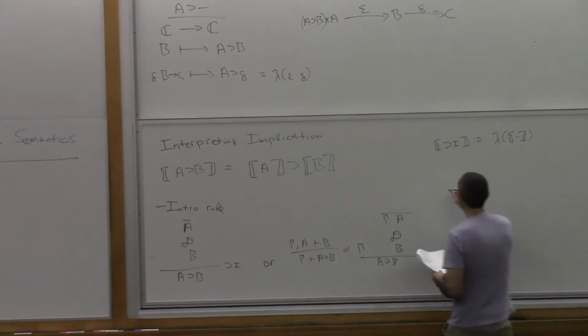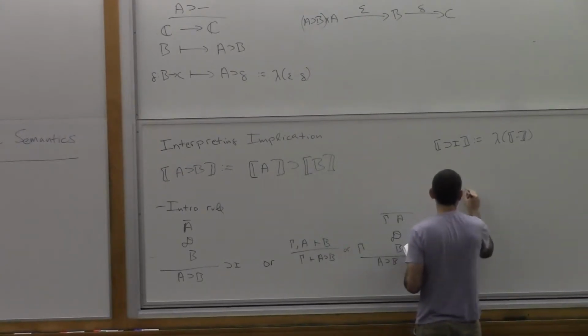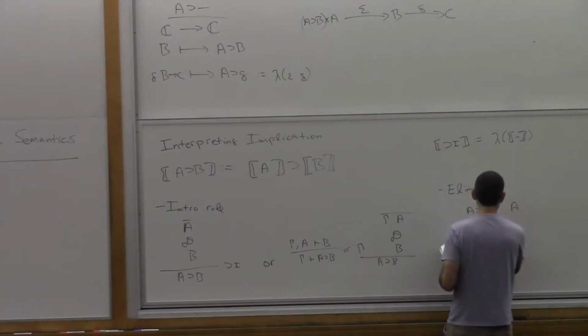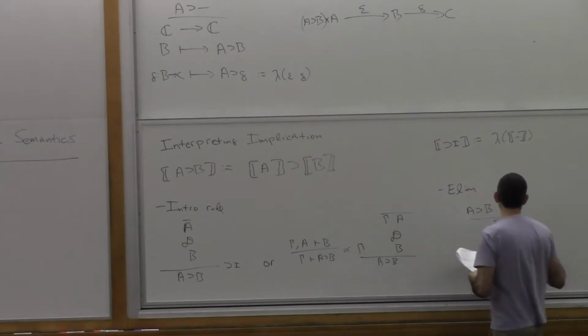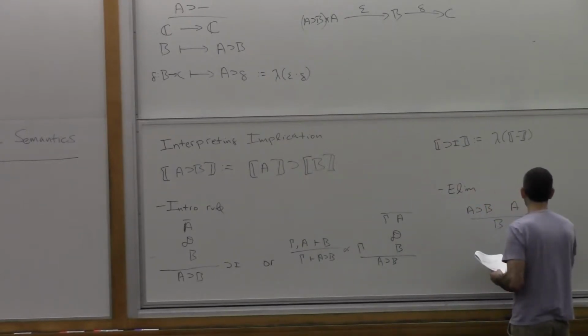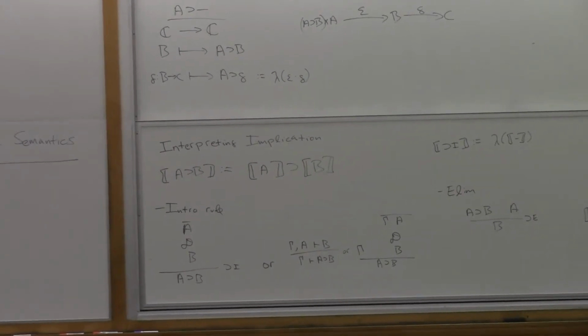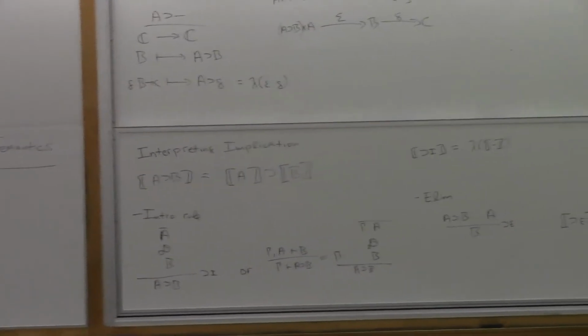Okay, and there's one more rule, the elimination rule, which says that from A implies B and A I may infer B. And its interpretation should be, well, can you guess? What do we have that lets us do that?